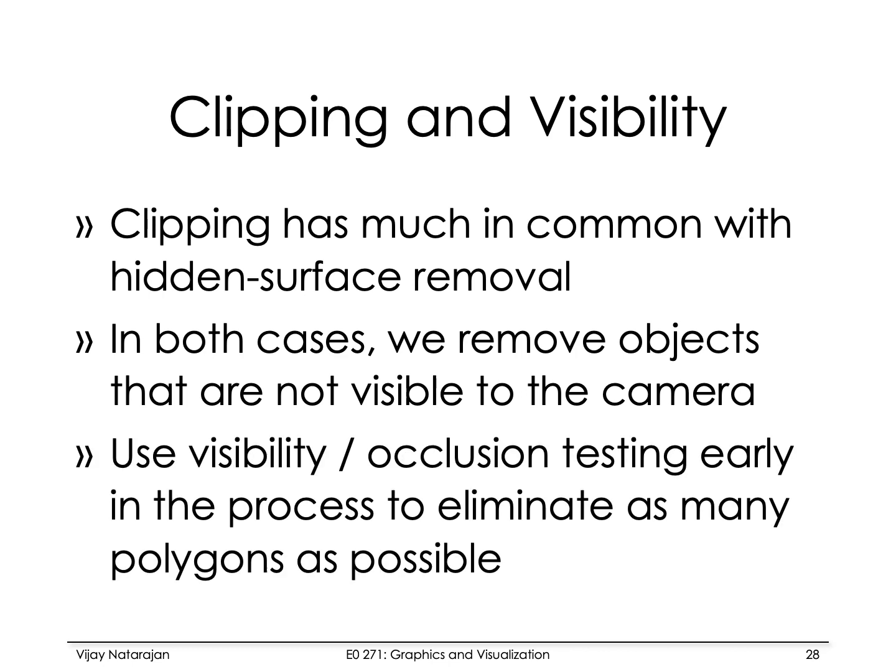And in both cases, the key idea is to reduce work. So we test for visibility, we test for occlusion as early as possible. And by doing so, we eliminate many triangles, many primitives from entering the graphics pipeline.